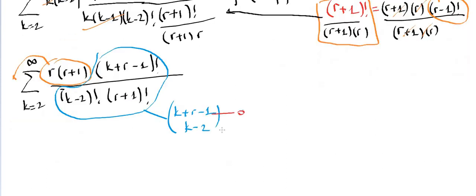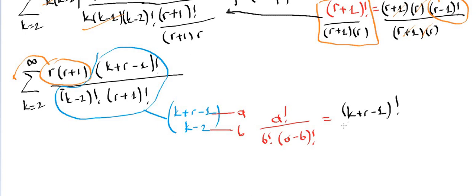If we consider this is a and this is b, it's going to be a factorial over b factorial times (a minus b) factorial. Let's prove that this is equal to that. So (k plus r minus 1) factorial, (k minus 2) factorial, (k plus r minus 1 minus (k minus 2)) factorial.